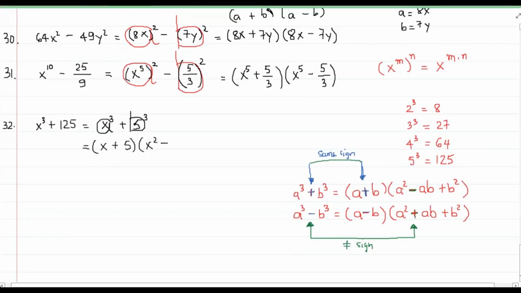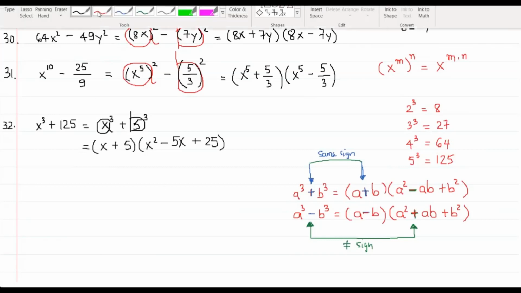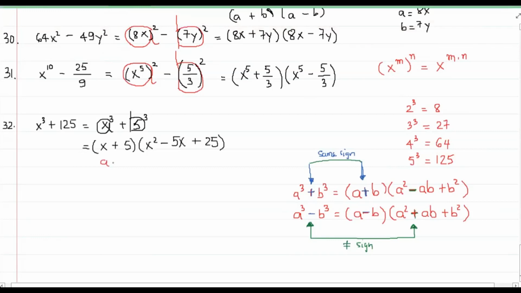Now a different sign in this position, so minus a times b, x times 5x, plus 5 squared, 25.